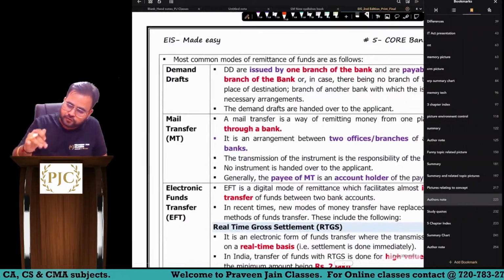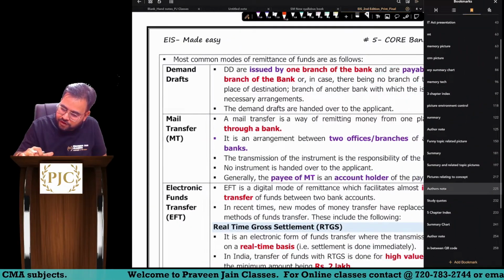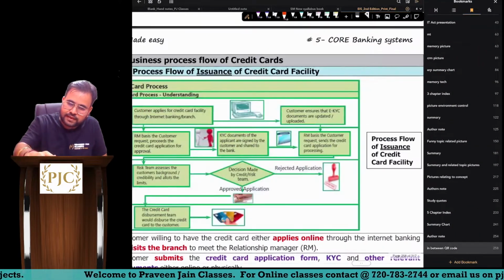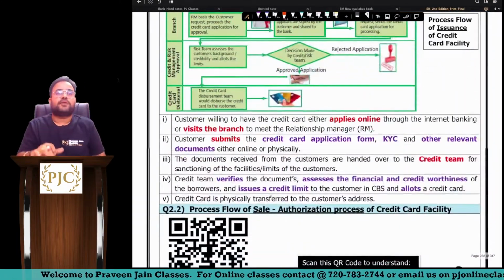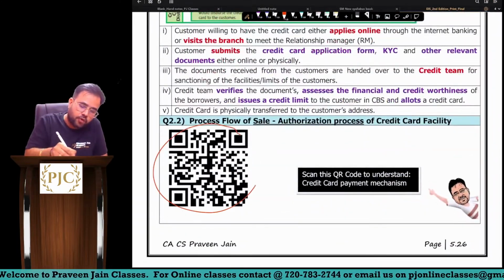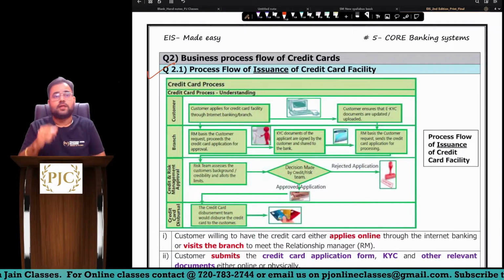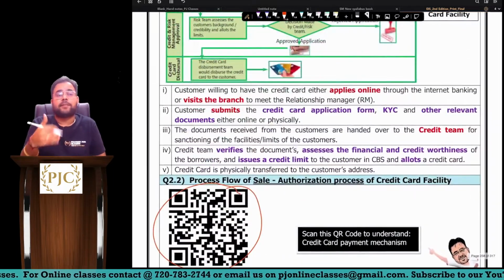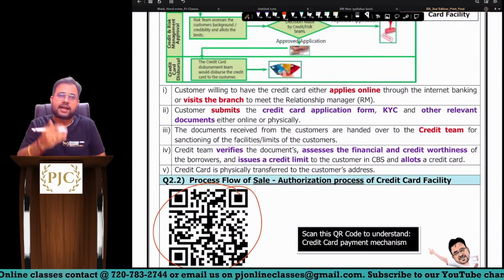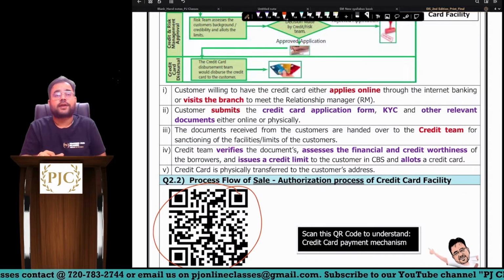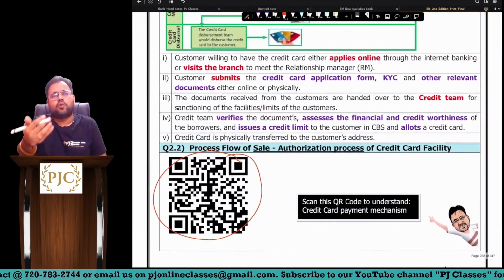And yeah, one more speciality I would like to show you about our material. In some topics I have introduced QR codes. For example, we are talking about the credit card payment mechanism. People who are attending my class will definitely know about it. But some students are only taking the material.